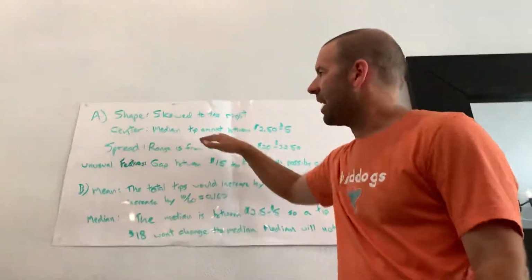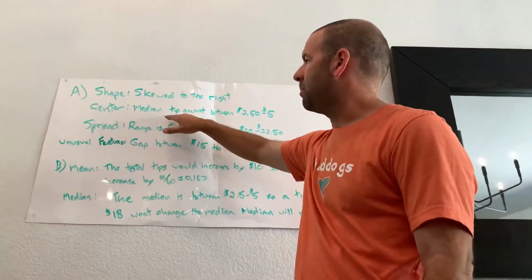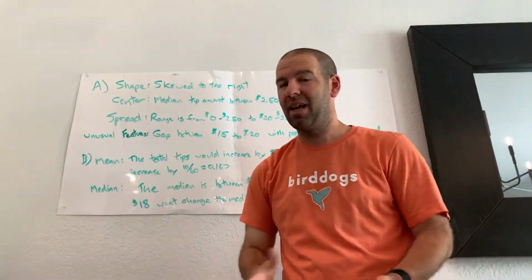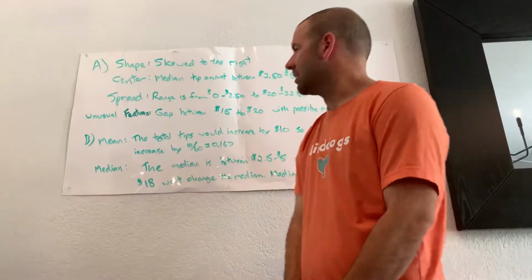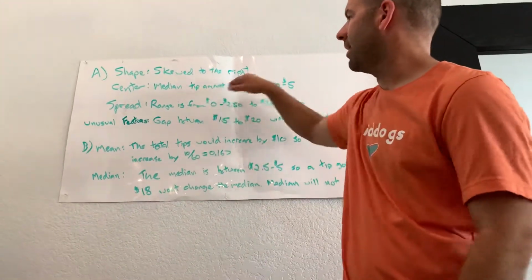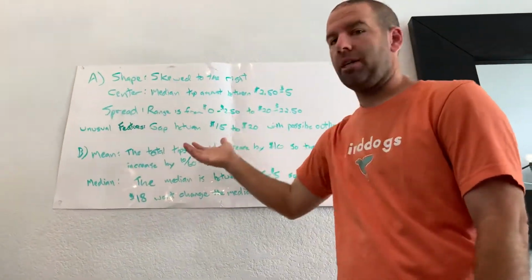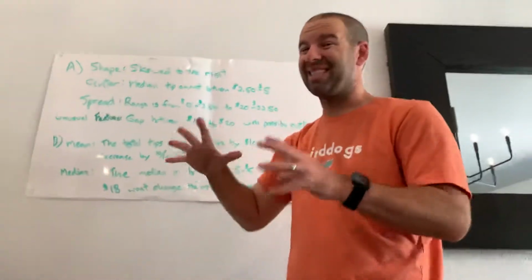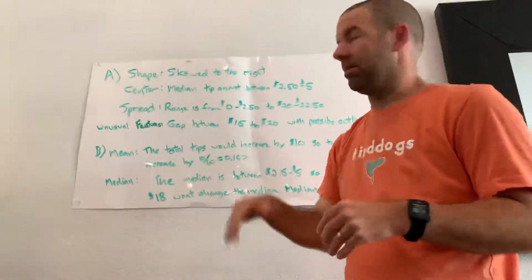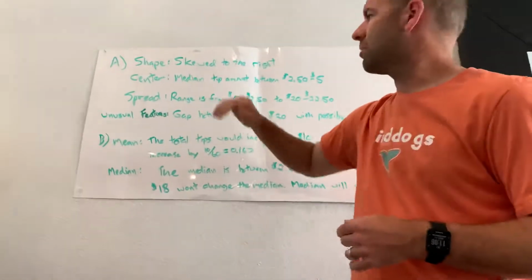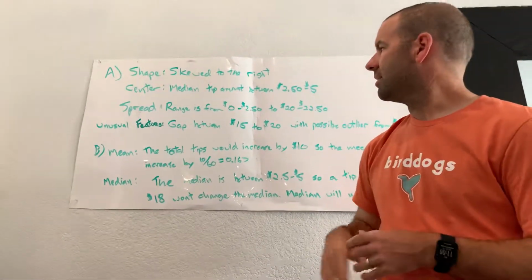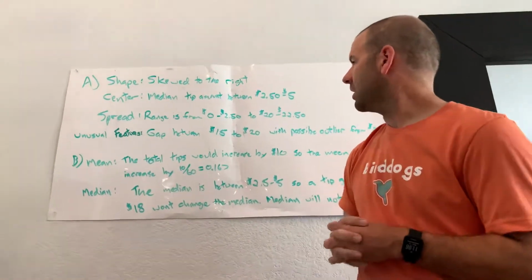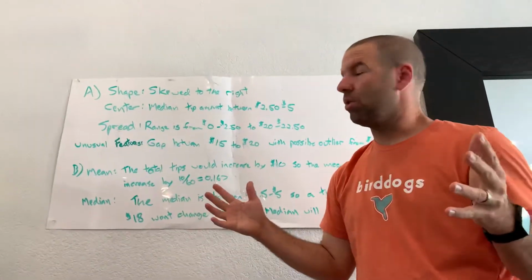The other thing I put in center is tip amount. That's context, and that's another thing you had to have in your answer. Obviously I talked in dollar amounts, which is context as well, but I needed to say something about a tip amount. For the spread, I said that the range goes from 0 to 22.50, and that's our total range.